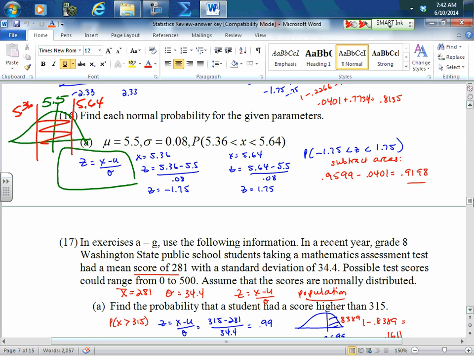This one will be negative for your 5.36. Look up your area. It is the area to the left, and we found that from before. Then do your 5.64. It will be positive. It's on the right-hand side of your 0. Look up this area to the left, and then subtract your areas. Okay?